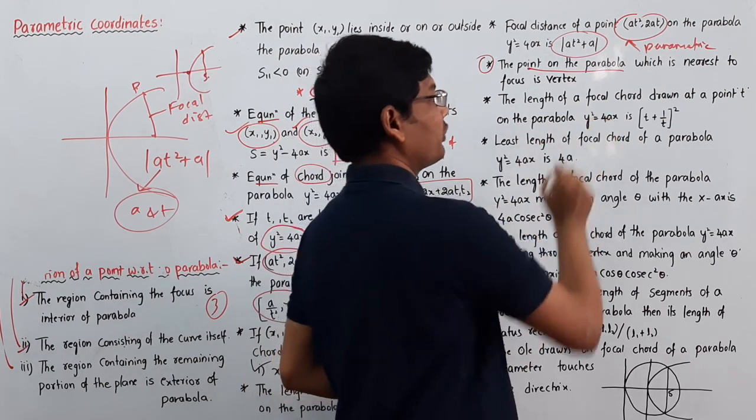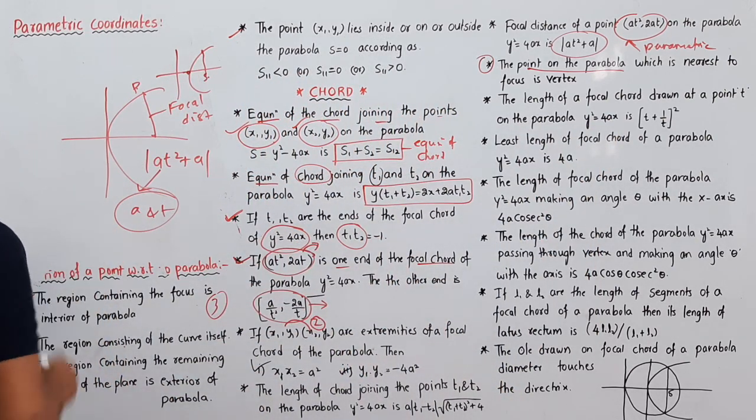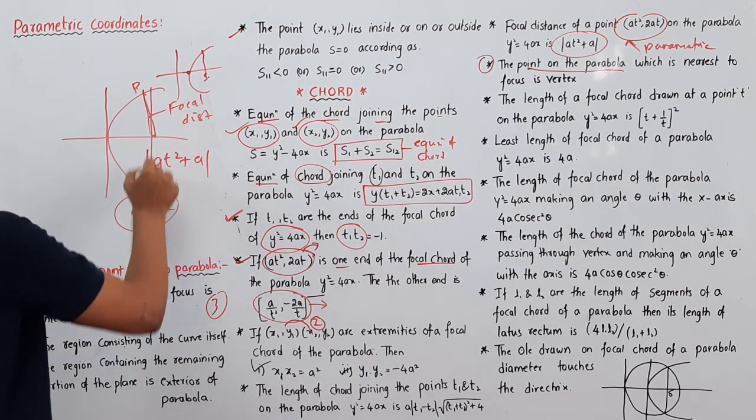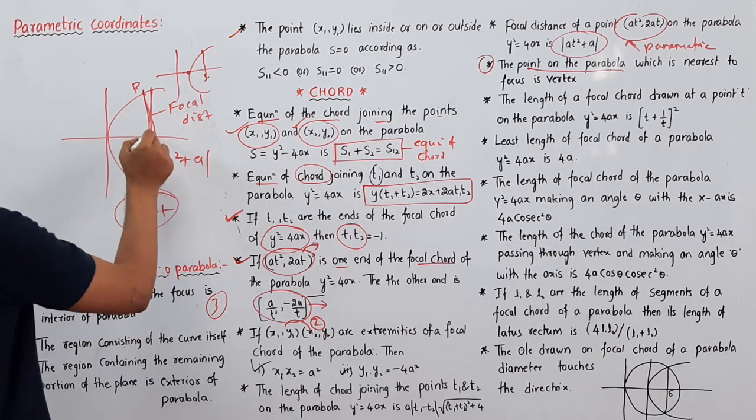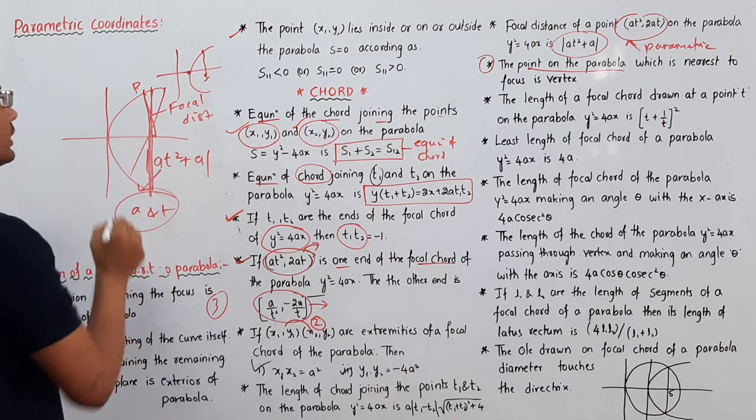And the length of the focal chord drawn at a point t. A focal chord is a chord which is passing through the focus, and it can be like this also.